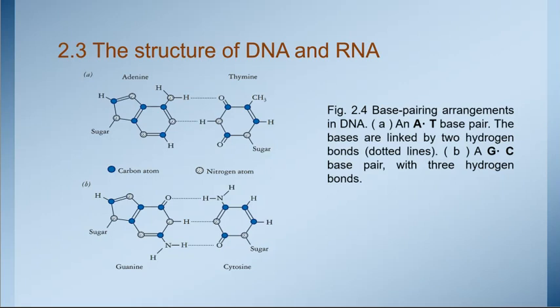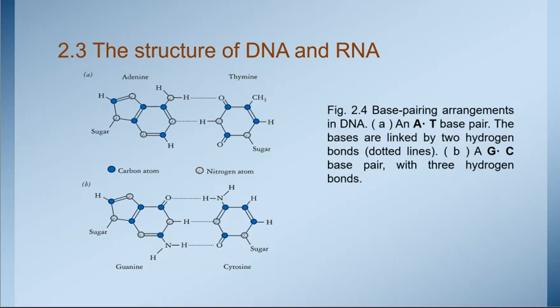This pairing is determined both by the bonding arrangements of the atoms in the bases and by the spatial constraints of the DNA molecule, the only satisfactory arrangement being a purine-pyrimidine base pair.